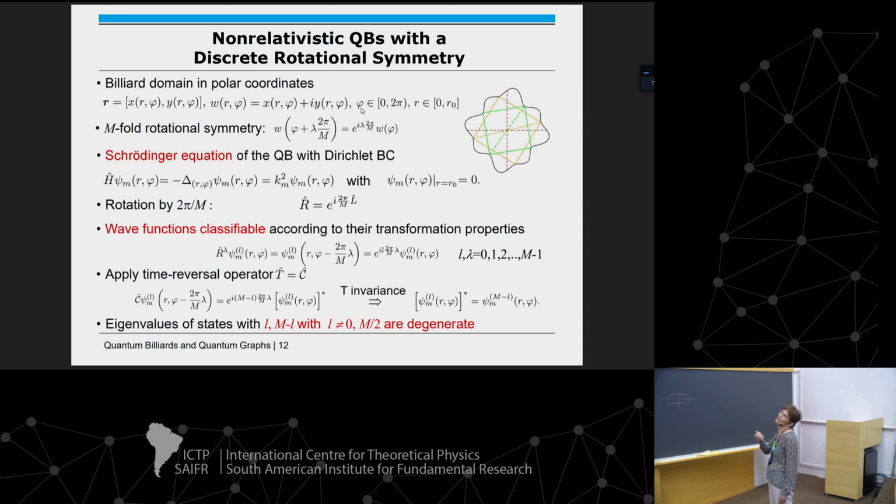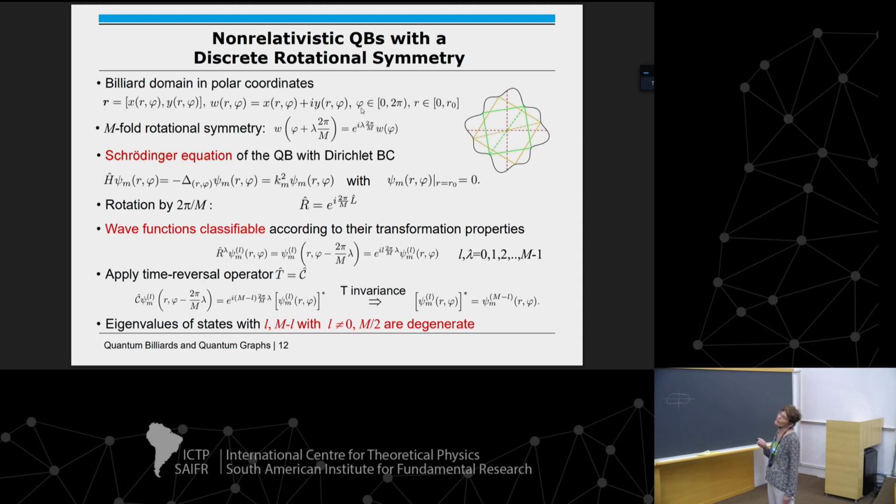Then you can define some quantity w, which gives you the points inside the billiard as x plus iy. And on the billiard, you would fix r equal to r naught. Then you get the boundary, and there you would get w of phi equal to x of phi plus i y of phi along the boundary. So that's what we usually do.